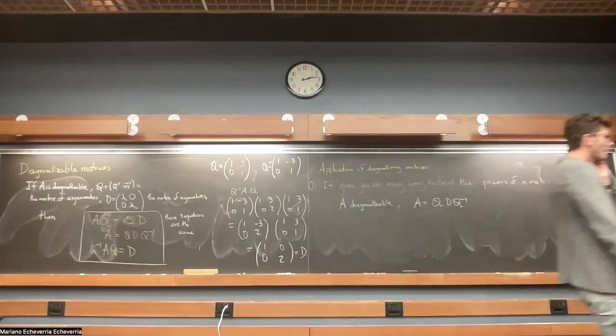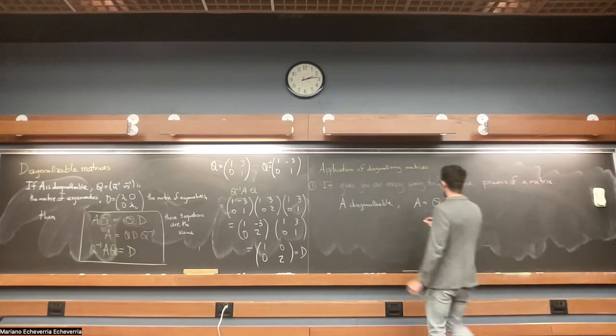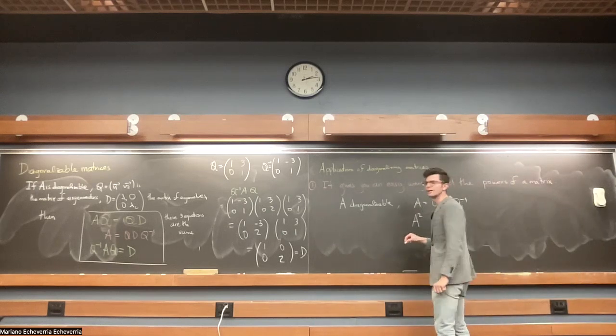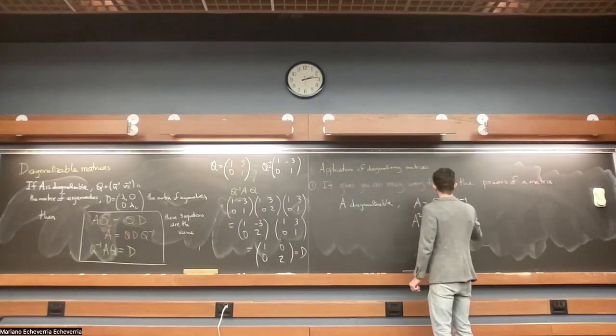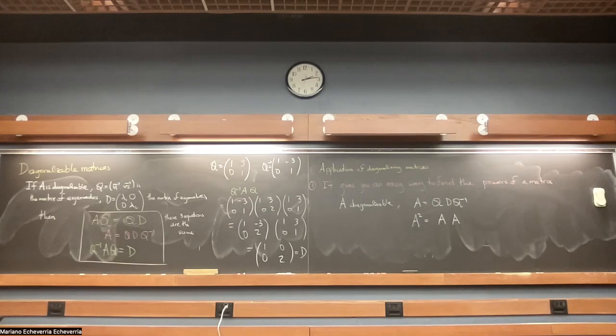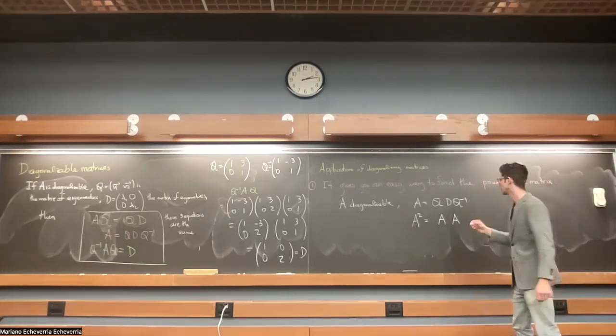Let's say I wanted to find A squared. What would A squared be? In general, that's just A times A. If you knew nothing about the matrix, you would just have to start doing the random products of the entries, using matrix multiplication.